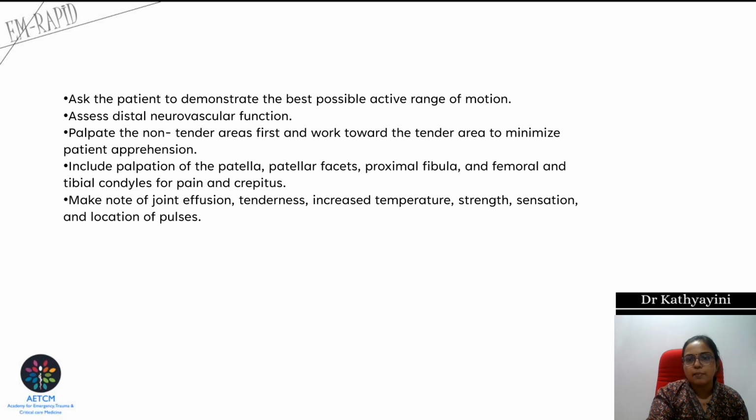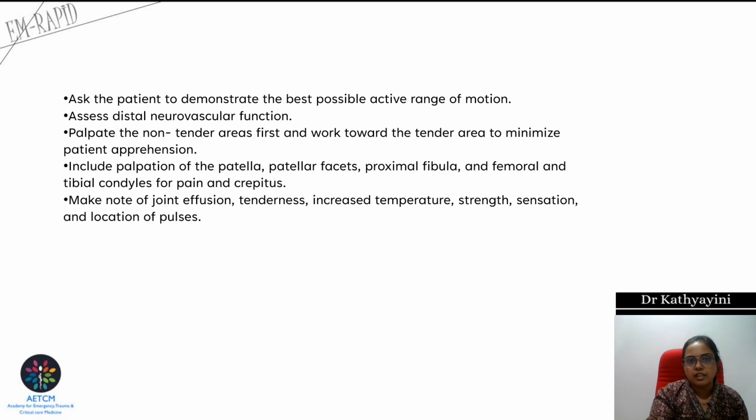While examining a knee injury, we ask the patient to demonstrate the maximum range of active motion they can perform. Another important thing is to assess the distal neurovascular function. While examining, the dictum is to examine the non-tender areas first and then move towards the area of maximum tenderness.